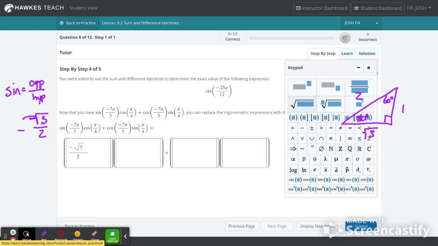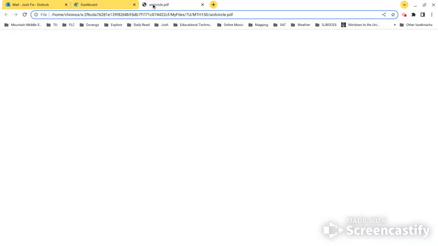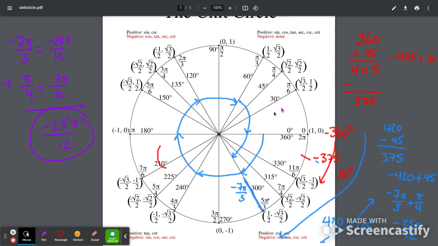And then we have to find the cosine of pi over 4. Because this is a positive pi over 4, it's a little bit different situation. So positive pi over 4, we come back to the unit circle. And so we're looking at a pi over 4, going in this direction.